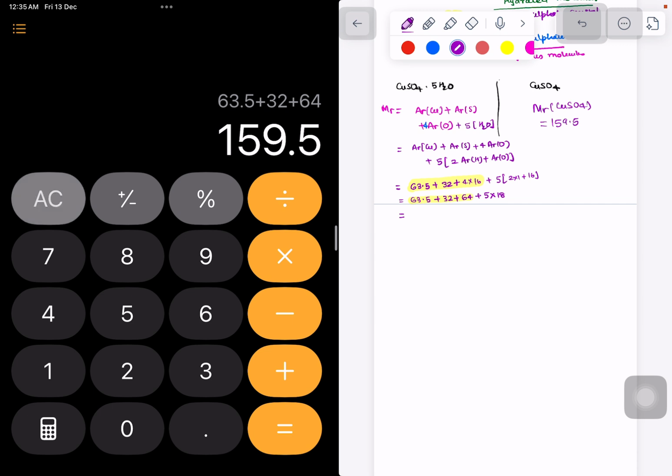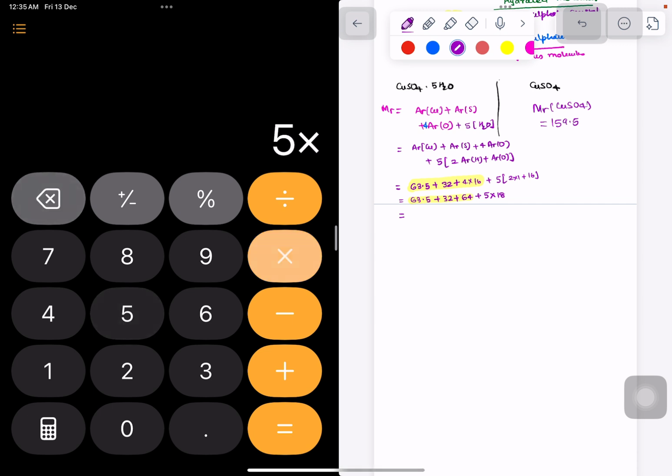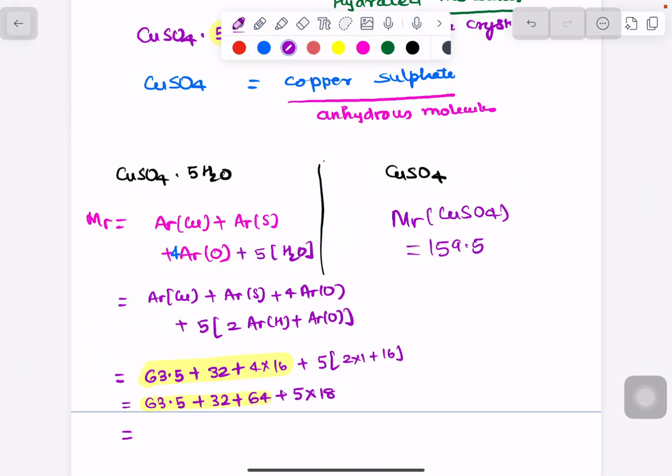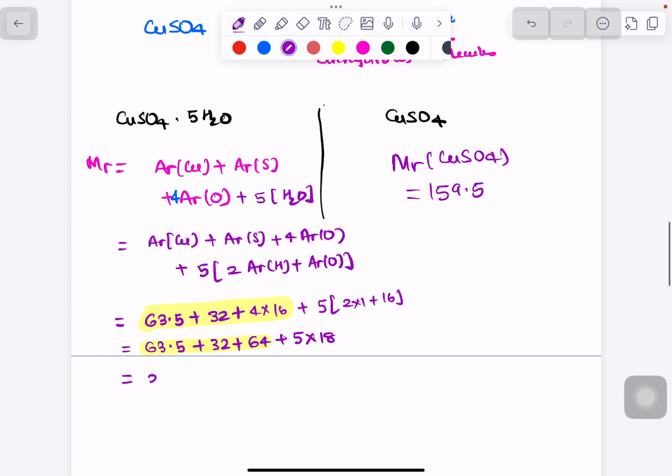And then remember, 5 times 18, 90 plus 159.5. So this comes to 249.5.